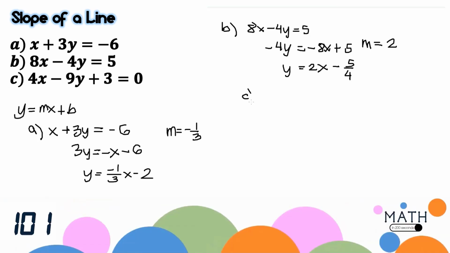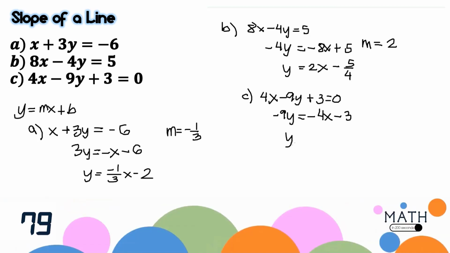As for the last equation, you have 4x minus 9y plus 3 equals 0. This equation is in general form, but you don't need to worry. Again, move all other terms to the other side. Subtracting both sides by 4x, you have minus 4x, as well as subtracting 3.